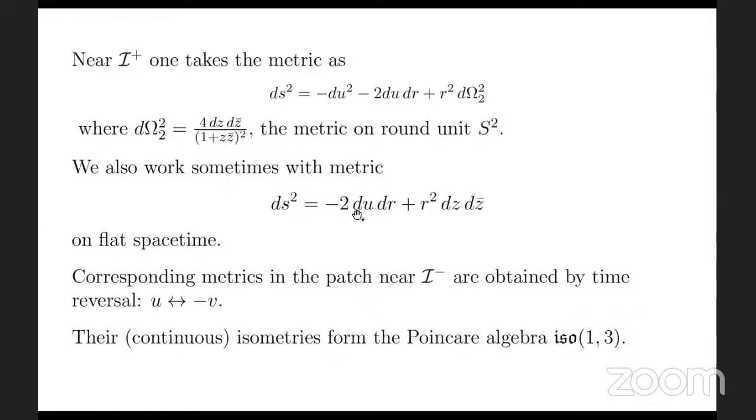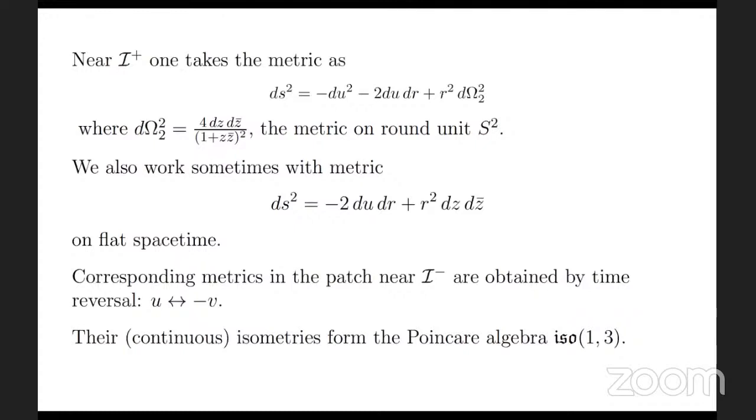One also works sometimes with this metric, which is not quite this, so that it's not a sphere, but a plane at infinity. These are also coordinates for flat space. The corresponding metrics in the patch near scri minus are obtained by time reversal, which acts as u going to minus v, interchange of u with minus v.